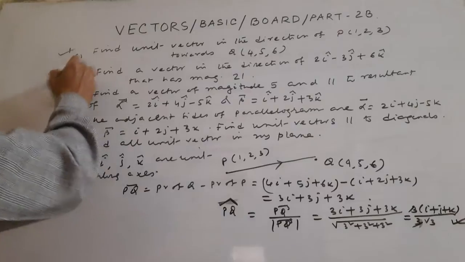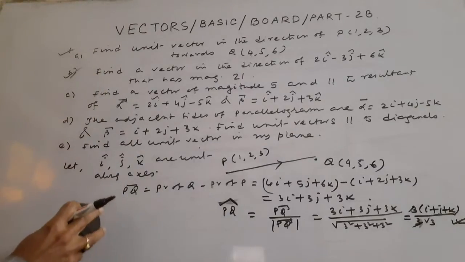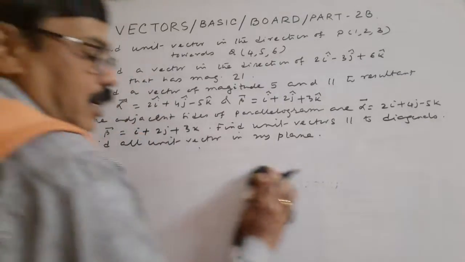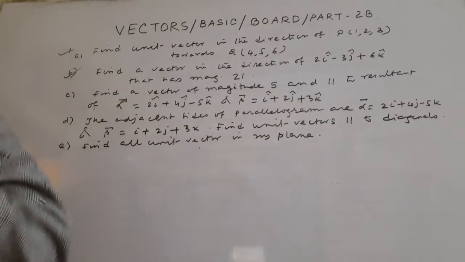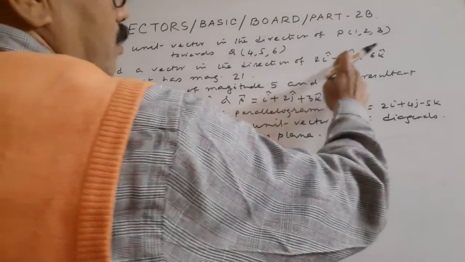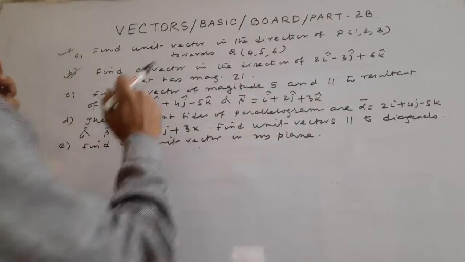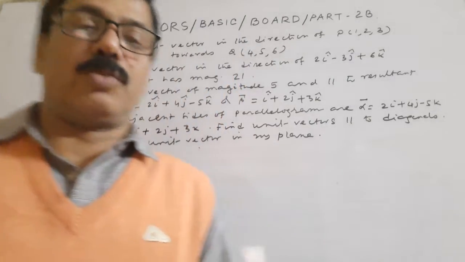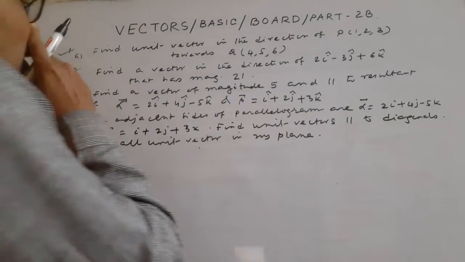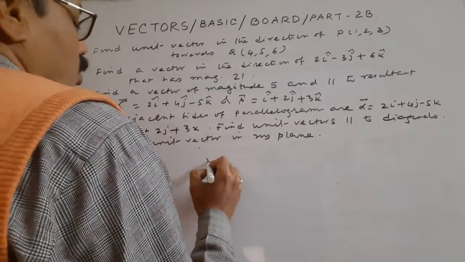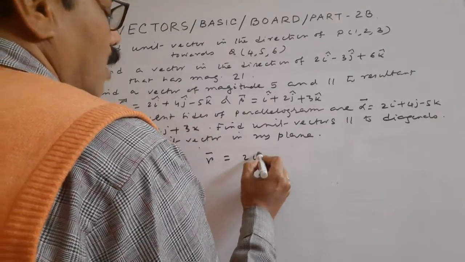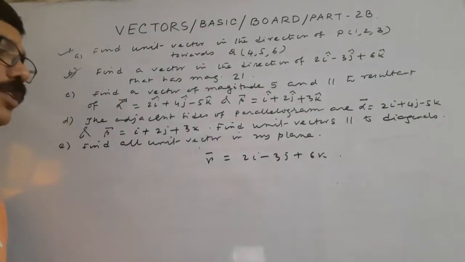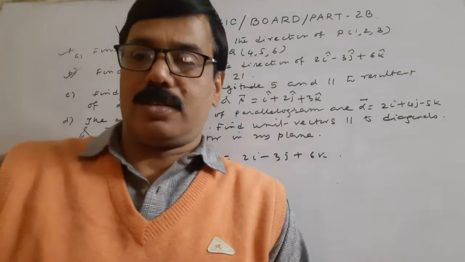Now, second one, find a vector in the direction of 2i minus 3j plus 6k that has magnitude 21. So, R equals, suppose, 2i minus 3j plus 6k. Now, this is the R vector.